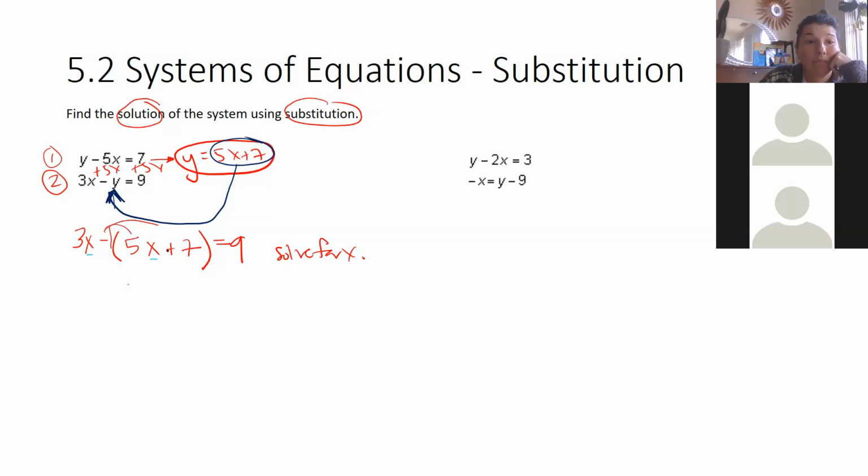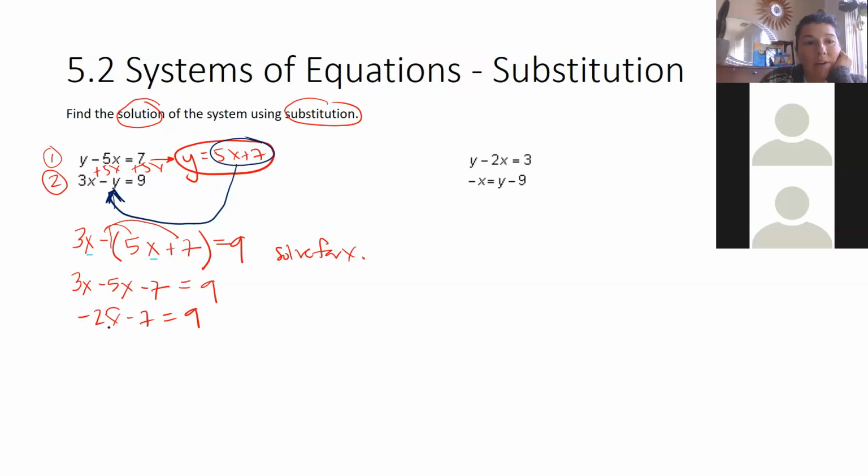You have to distribute the negative. Beautiful. We have to distribute that negative or a -1 if you want to think of it that way. So I have 3x minus 5x, -1 times 7 minus 7 equals 9. Now that I have all my parentheses gone, I am able to combine like terms. So -2x minus 7 equals 9.